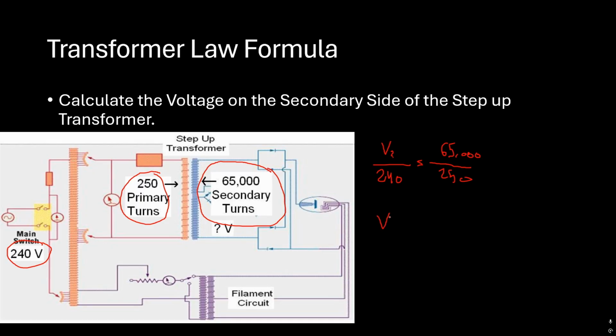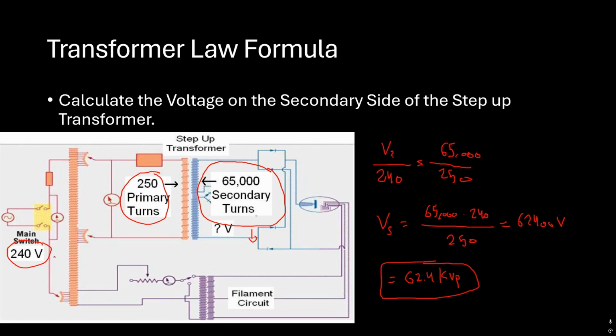So to know the voltage on the secondary side, it equals 65,000 turns times 240 volt divided by 250 turns, which equals 62,400 volt. And this also equals 62.4 kVp. So the voltage at the secondary side here equals 62.4 kVp.